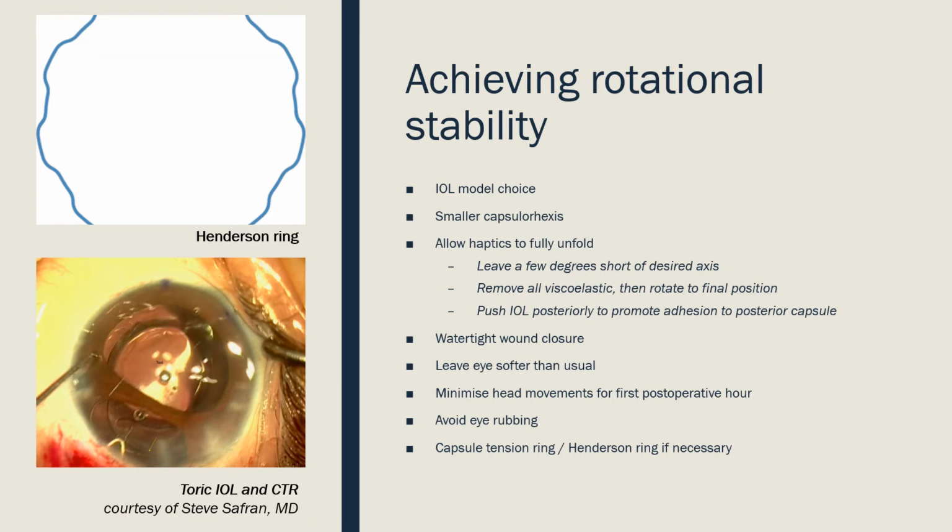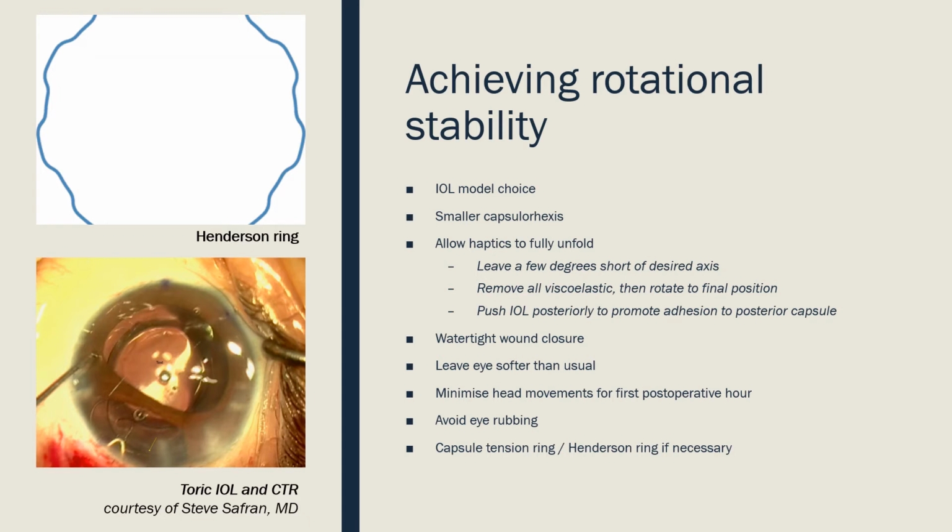I feel that this allows the capsule to almost shrink wrap around the lens to some extent, rather than leaving the eye more tense, in which case the capsule may be more widely open and then the lens can rotate. So leaving the eye slightly softer than I would normally is something that I tend to do routinely.